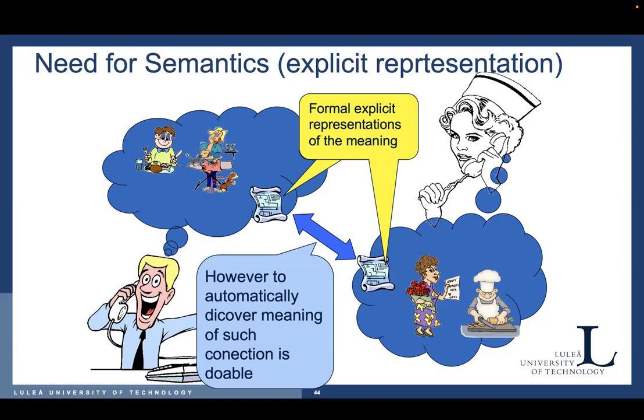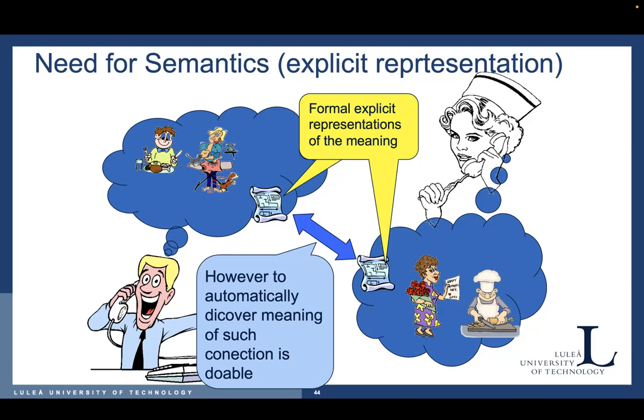We create this representation in a unified way, and somehow we integrate it with software agents, which in an automated way can now match the meaning, which is expressed in different ways.